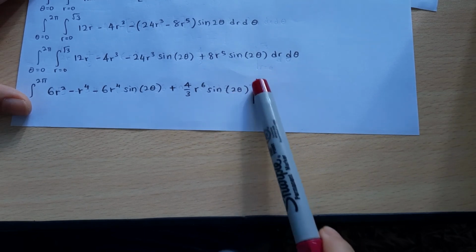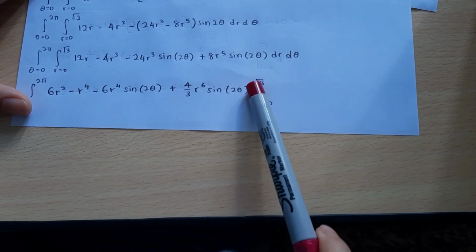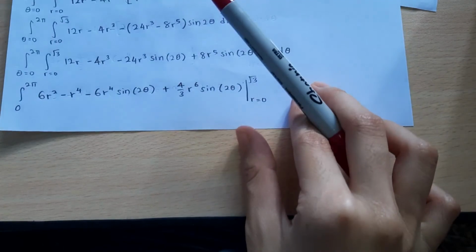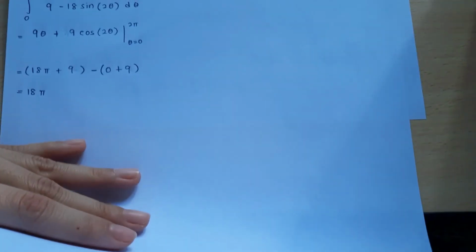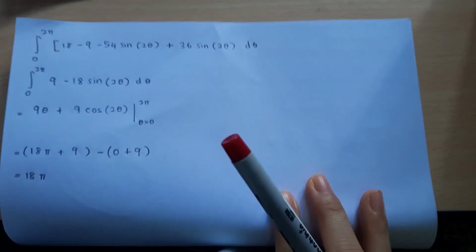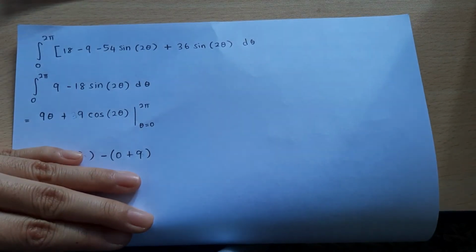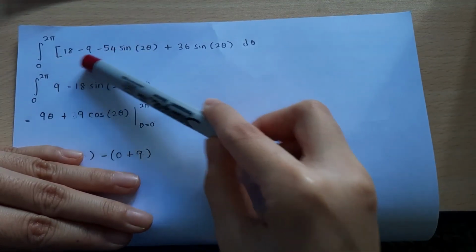So I need to substitute the value of r here, root 3 and 0. So when I substitute the value of r, I will get the equation here.